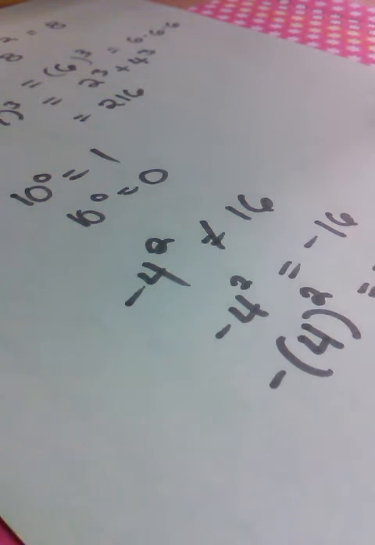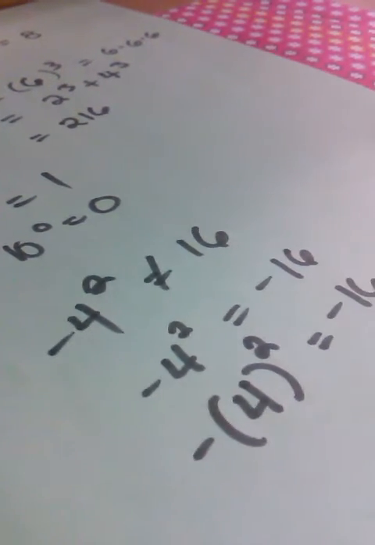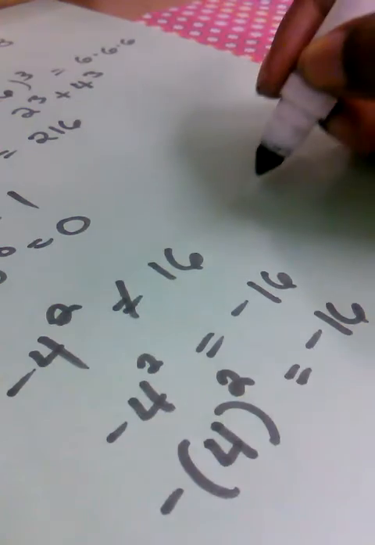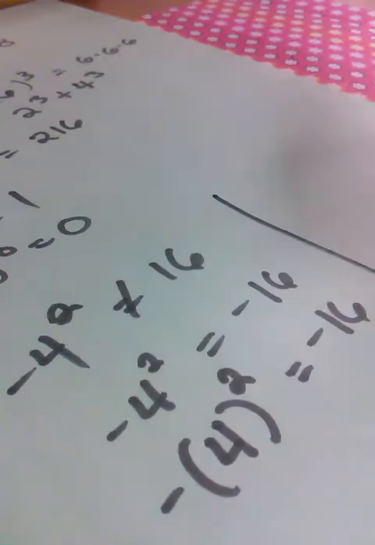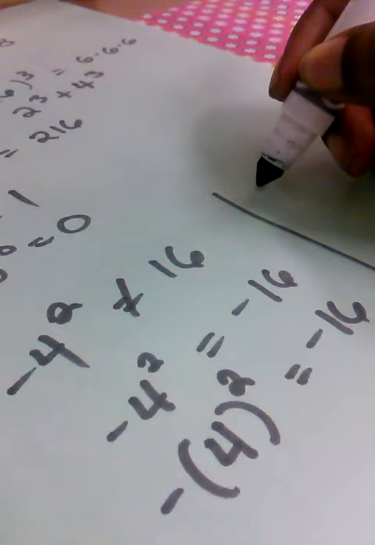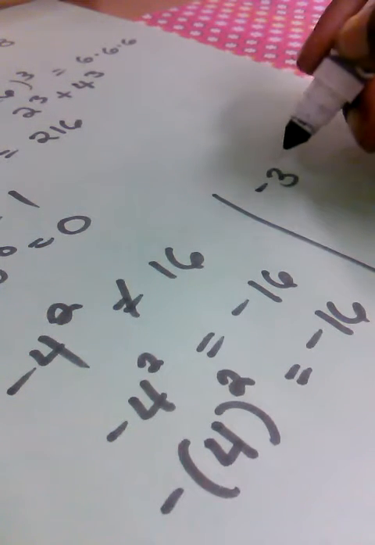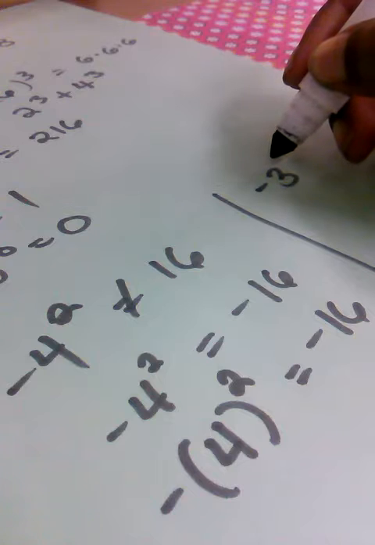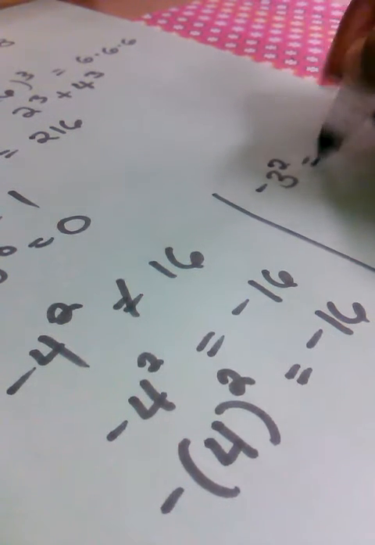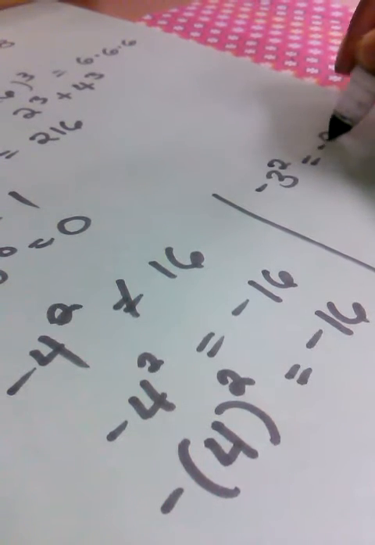But let's see, the negative 3 squared is negative 9.